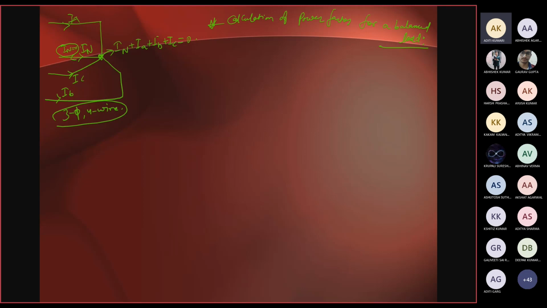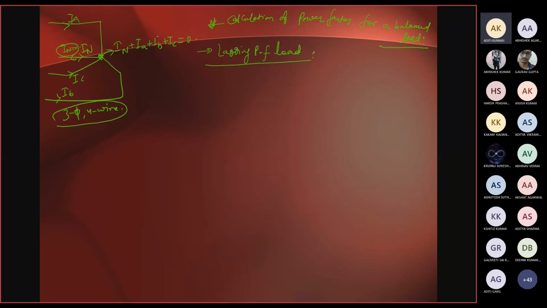So you know that load may be of any type. Mainly 3 types: lagging power factor load, leading power factor load, and unity power factor load. So let us first of all consider the lagging power factor load, because most of the loads in your system are lagging in nature.